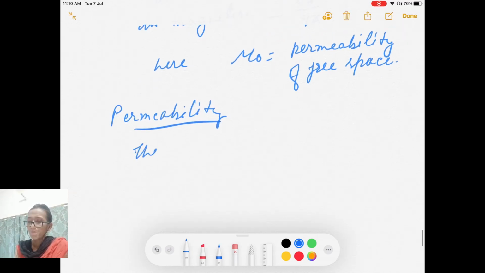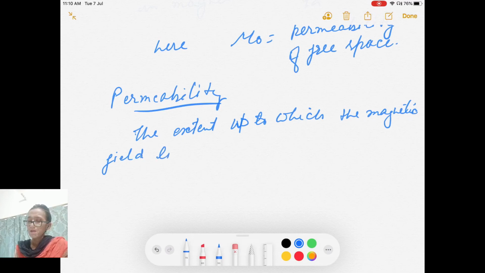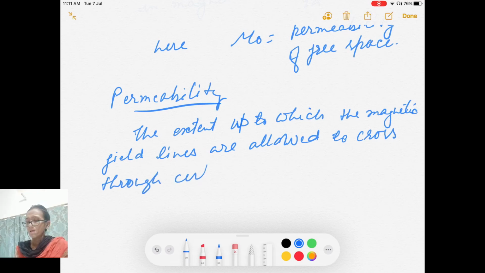The extent up to which the magnetic field lines are allowed to cross through certain region is called permeability.